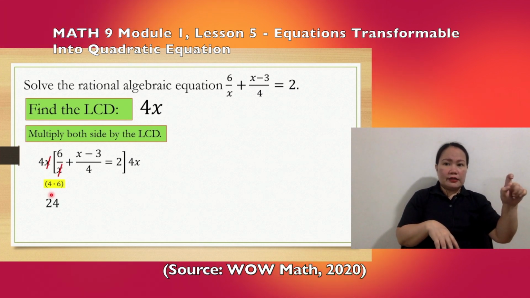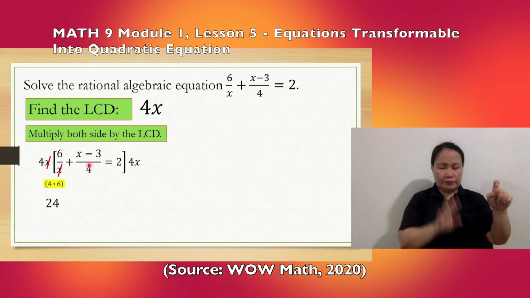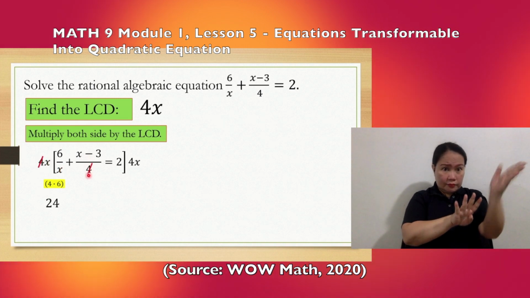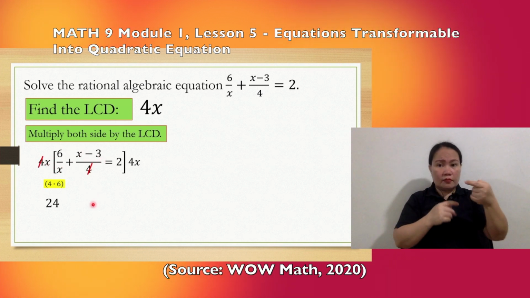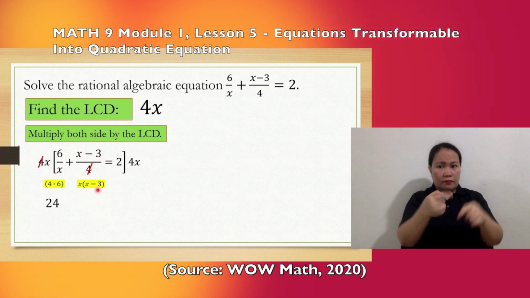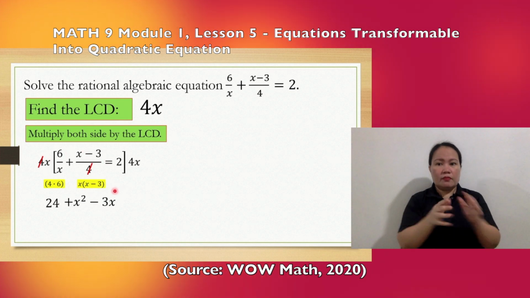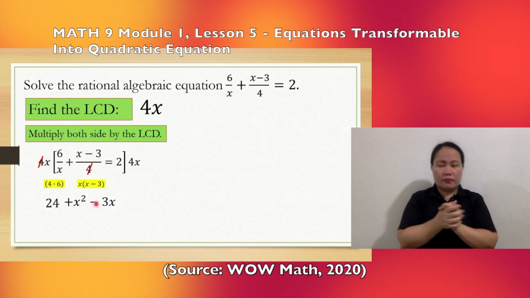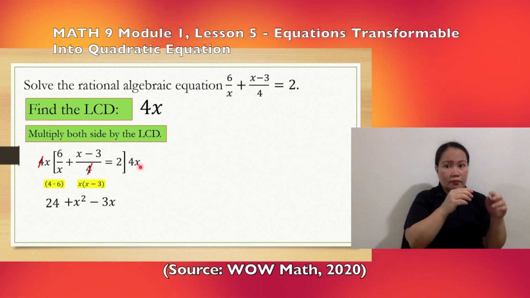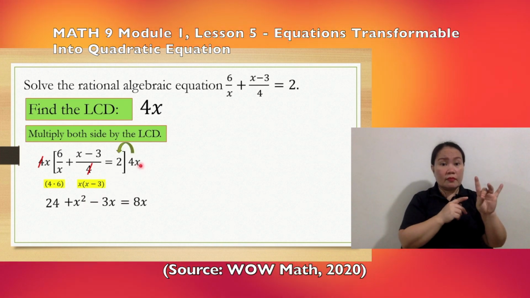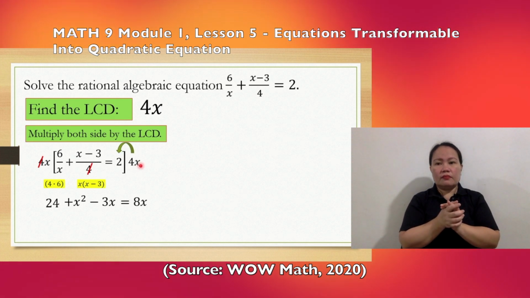Next, multiply natin si 4x kay x minus 3 over 4. So, makakancel natin si 4. May iwan si x times x minus 3. And x times x minus 3, the answer is x squared minus 3x. And then, dito sa kabila, multiply natin si 4x kay 2, and that is equal to 8x.